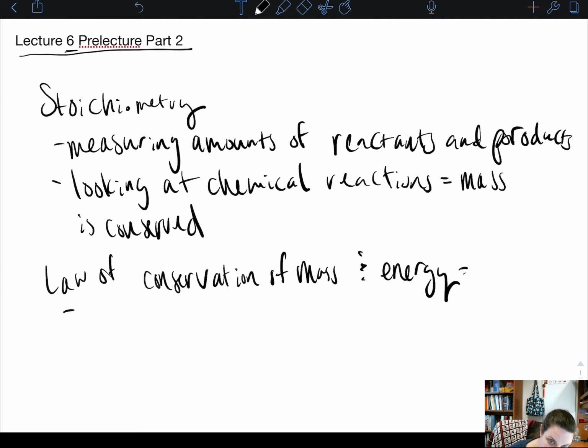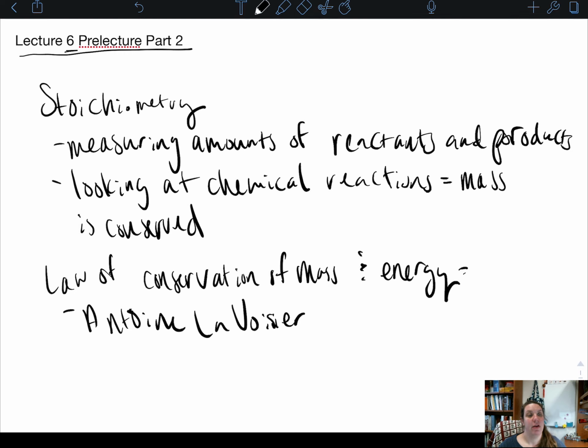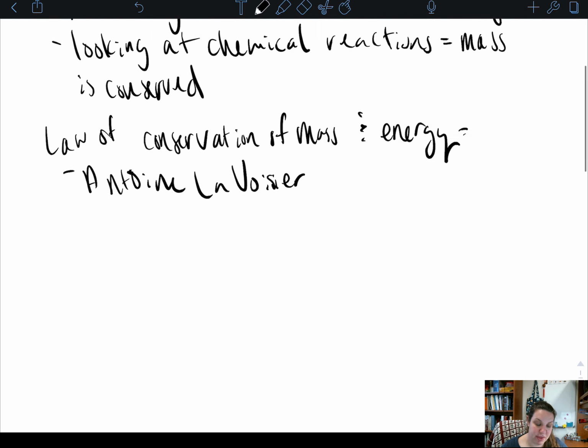And this is by a French scientist, Antoine Lavoisier. Okay, so with this law, we start to look at the idea of balancing equations.